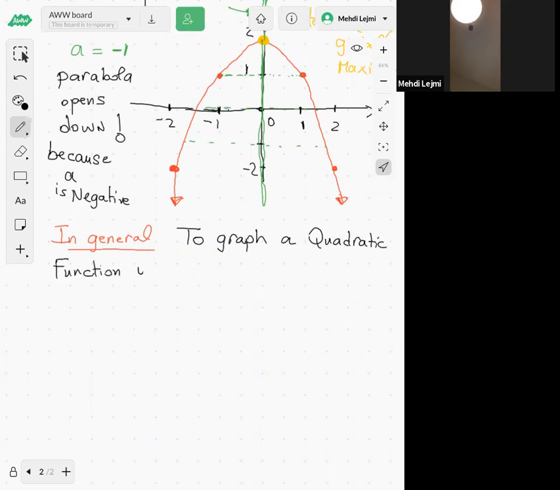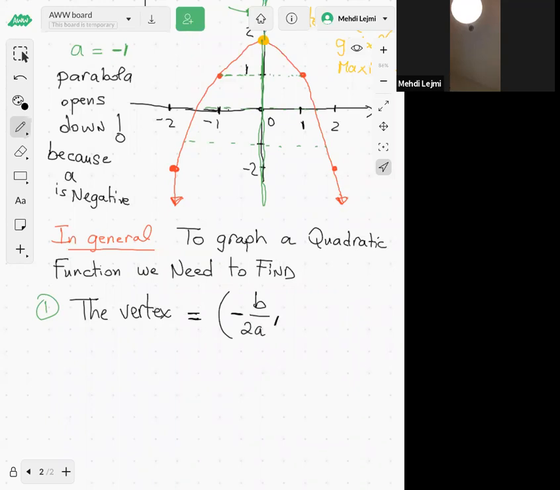So we need to find first the vertex. And actually the coordinates of the vertex are always given by: the x is minus b over 2a.